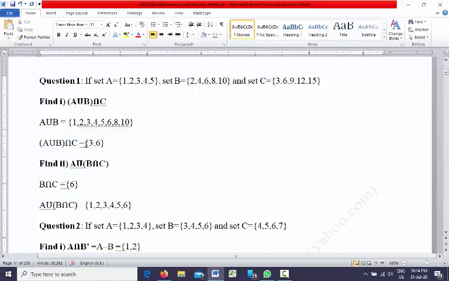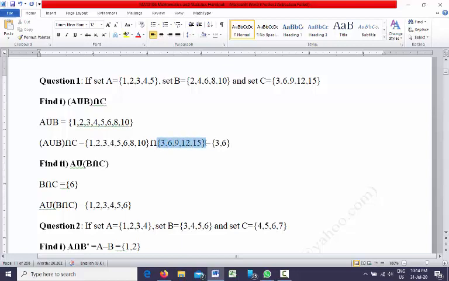So this is A union B, and this is intersection, that means we will take only the common elements between these two sets.